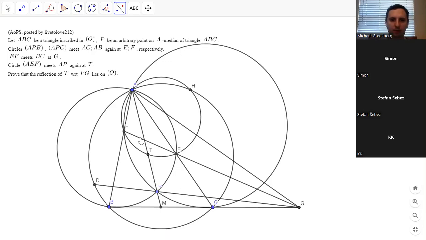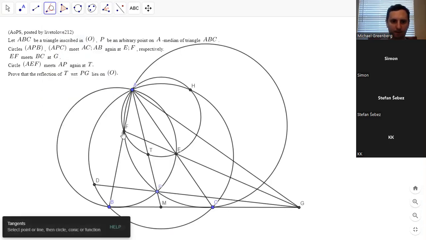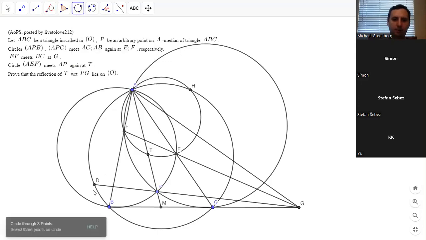Yeah, since this is a median, I wonder if we can get symmedians somehow. So let's try. So yeah, if we had a cyclic quadrilateral with BC, we could try to get a symmedian.